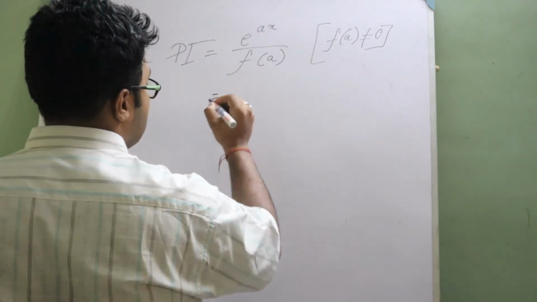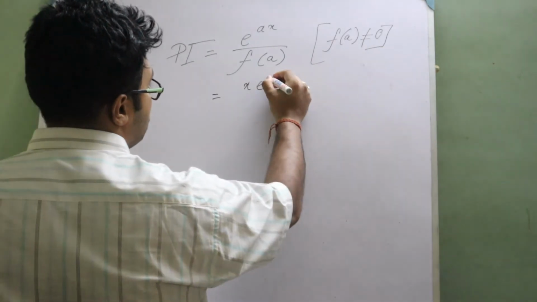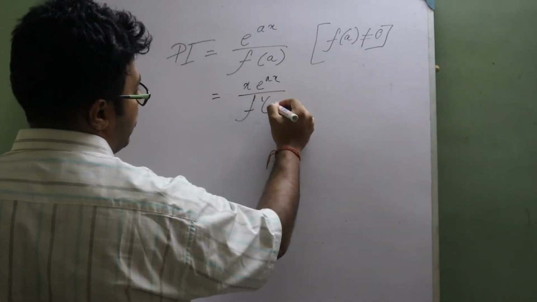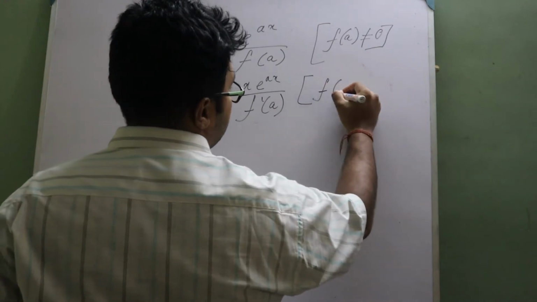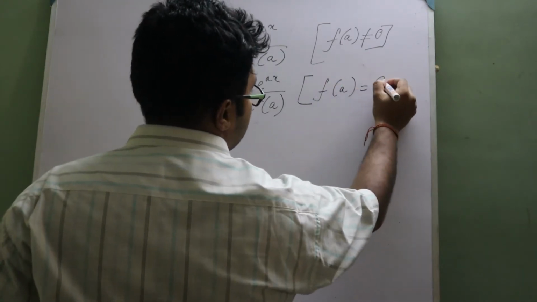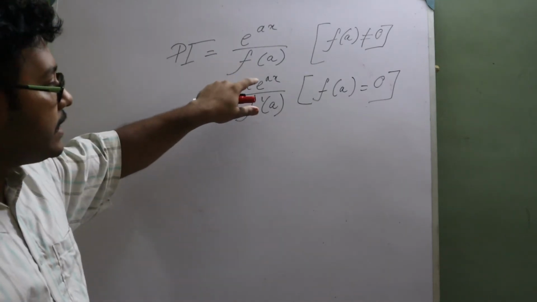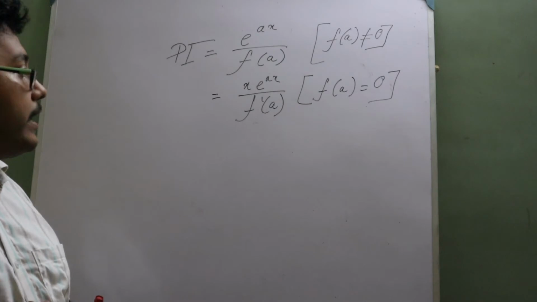When you face such a condition, then you have to do it like this. When f of a is 0, you differentiate it and then put the value of a, and x will be multiplied here.